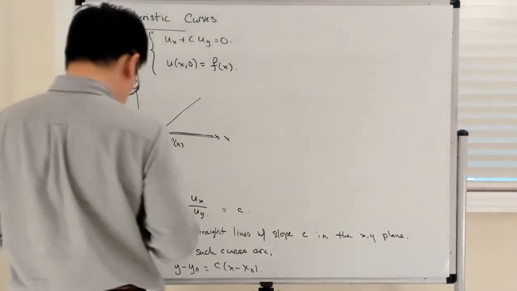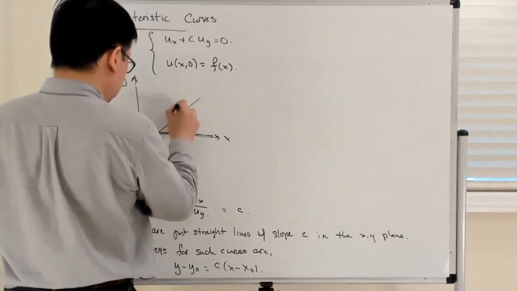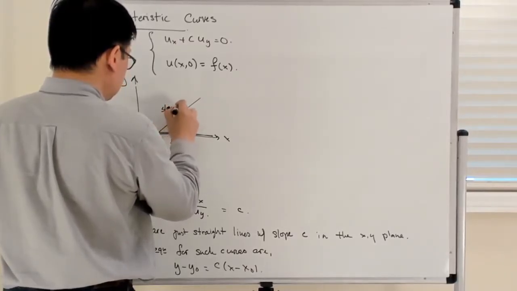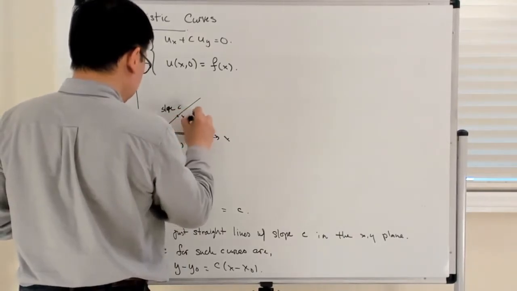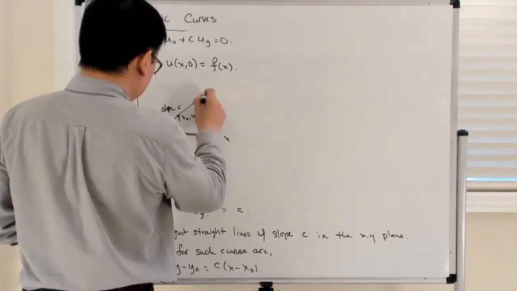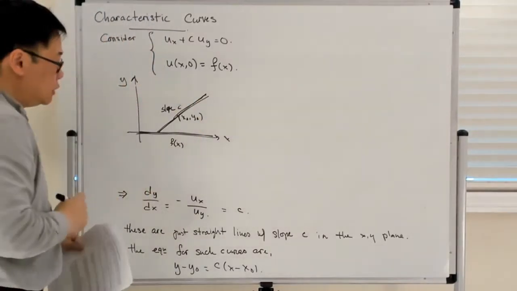So let's say this is slope c, and this is some initial point (x0, y0). You know that along the entire curve that function value is constant.